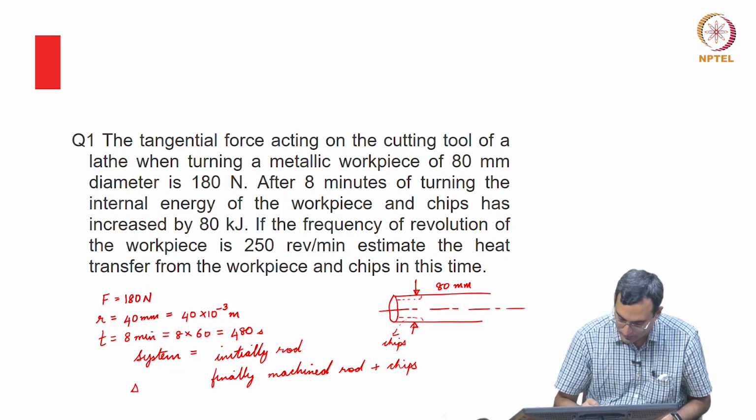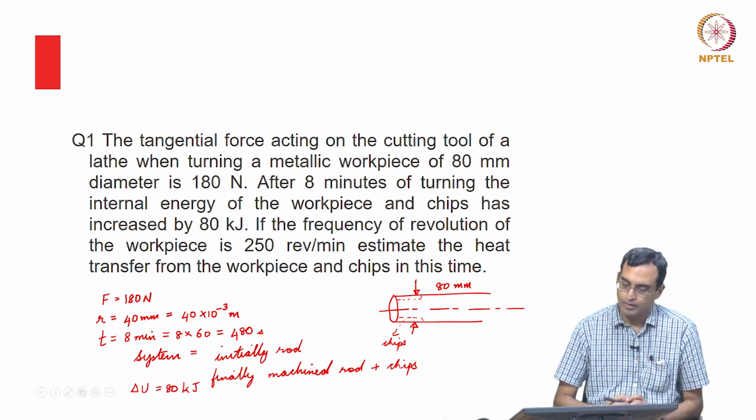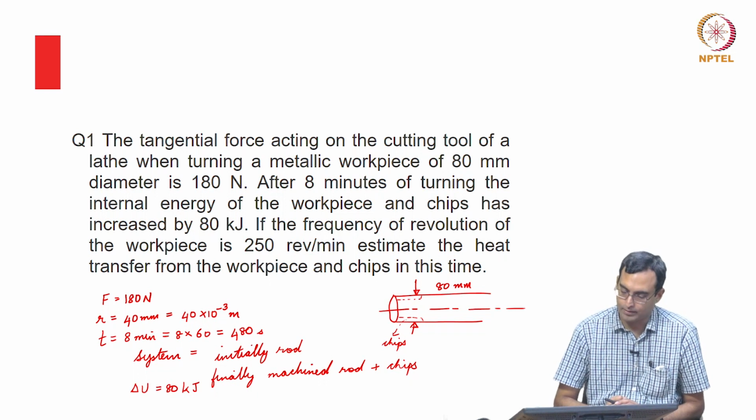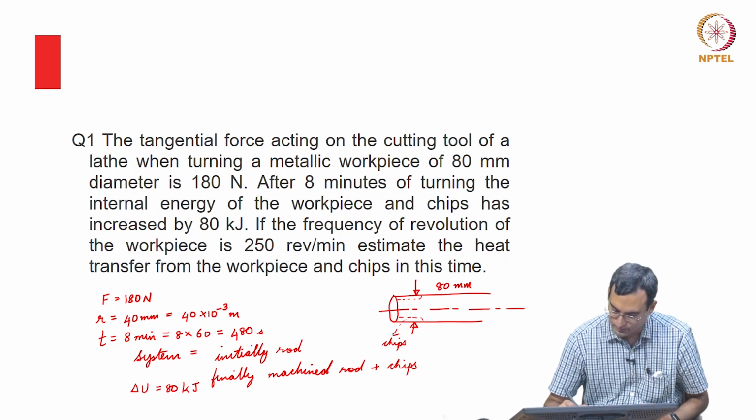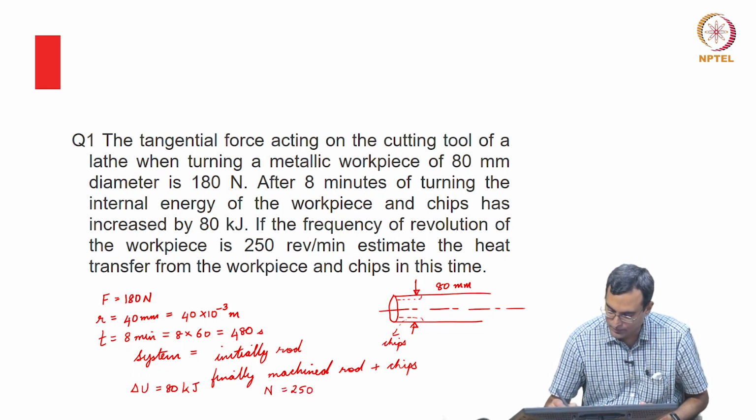So I am going to write that here. The frequency of revolution of the workpiece is given as 250 revolutions per minute. So N, the rotational speed, is 250 revolutions per minute.